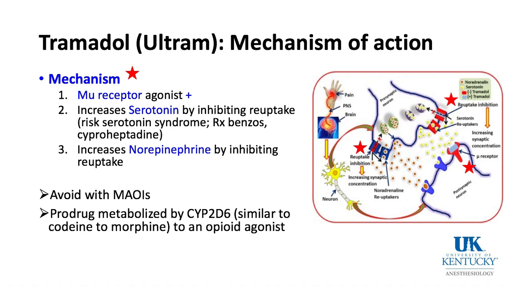And if someone was on one of those and you gave them tramadol, you can see how they could get serotonin syndrome. Tramadol is a prodrug like codeine. It has to be metabolized by the CYP2D6 enzyme to an active agent, an opioid agonist. Tramadol, its mechanism of action.